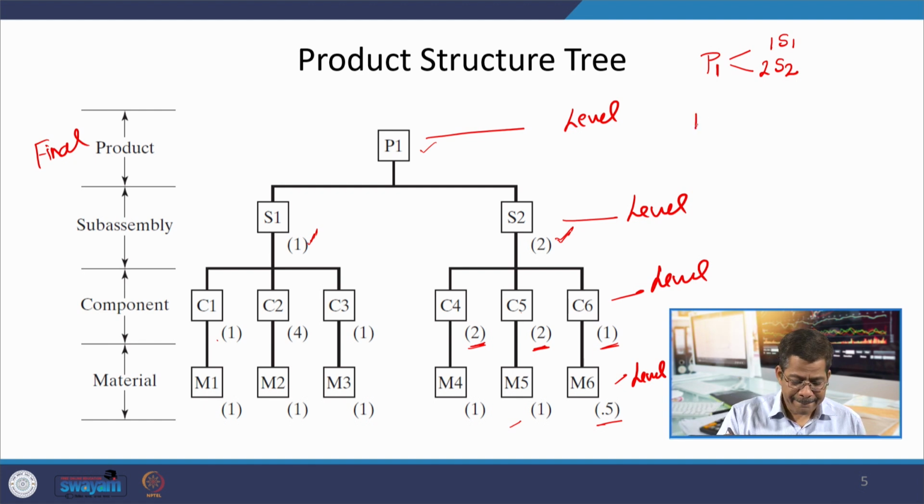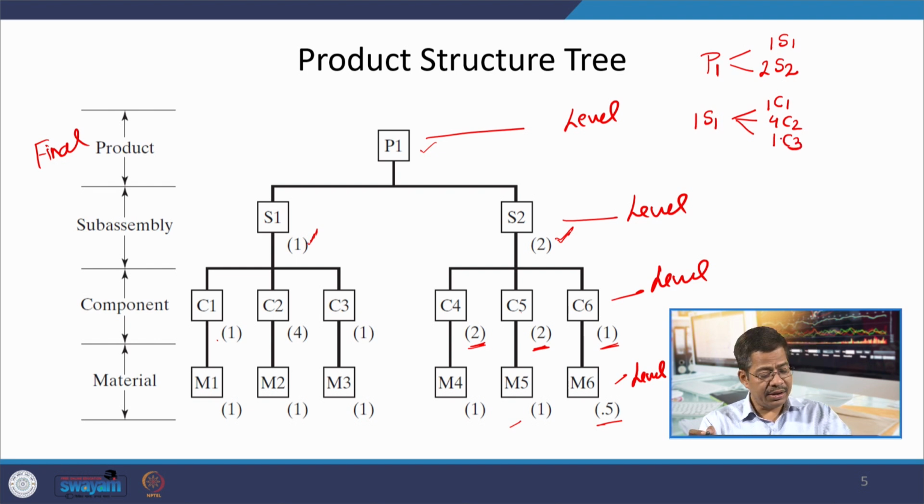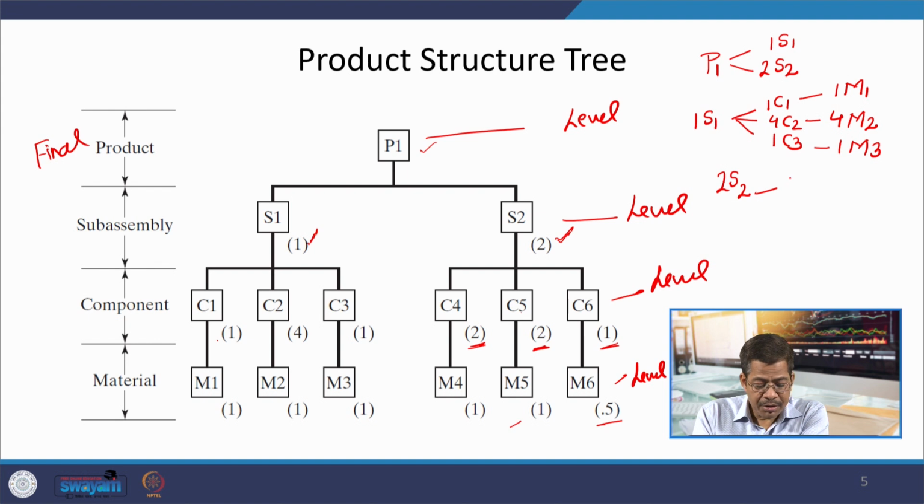1 S1 requires 1 C1, 4 C2 and 1 C3. Now, you see that 1 C1 requires 1 M1, 4 C2 will require 4 M2, 1 C3 will require 1 M3. 2 S2 requires 2 C4, 1 C2 requires 2 C4.